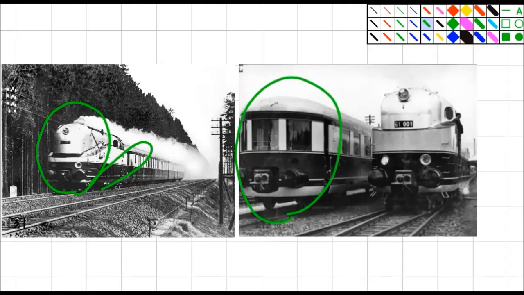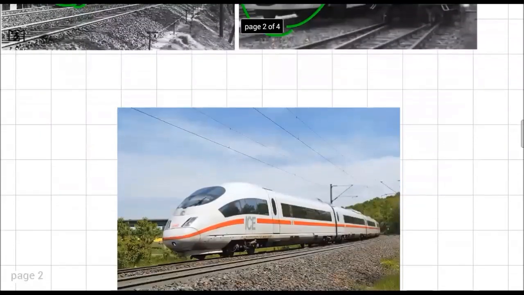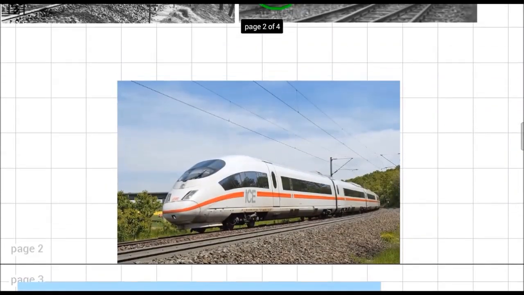In fact, that was the famous Henschel-Wegmann-Zug, which drove 160 kilometers per hour, and the whole train was designed in the wind tunnel altogether from front to tail. And we can look at the consequences out of this. Another German-made train, contemporary nowadays in use in Germany, and doesn't it look like the Henschel-Wegmann-Zug?